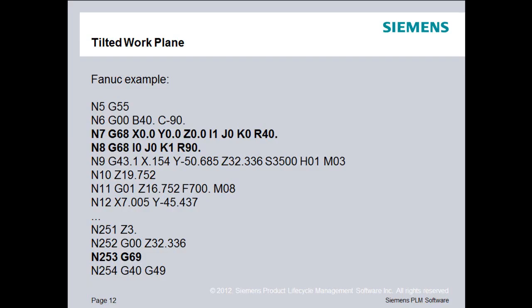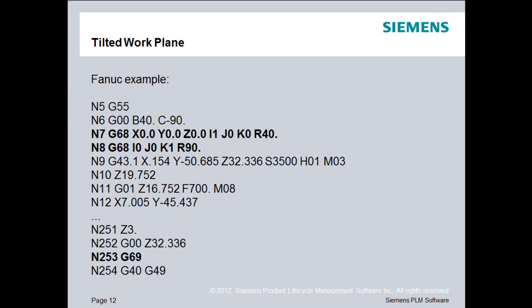This is an example of FANUC output for tilted work plane. This is only one example. They can also use G68.1 or G68.2 depending on the parameters you set. In fact, I thought about trying to display all the different parameter settings for each of the three major control manufacturers, and I decided it was just too many parameters and too many options.